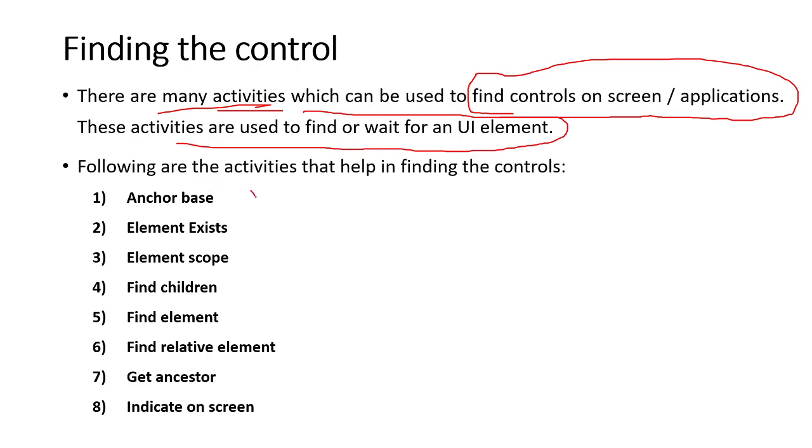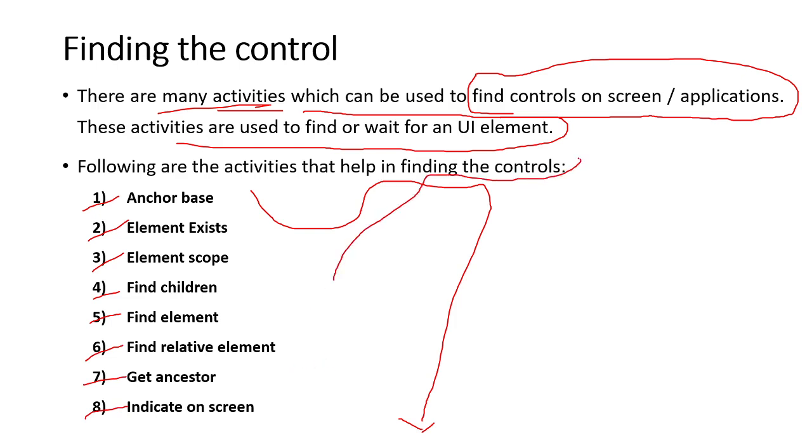So the following are the activities which will help in finding the controls or UI elements generally. One is anchor base, the second one is element exist, element scope, find children, find element, find relative element, get ancestor, indicate on screen. All these are activities given by UiPath Studio in order to find the controls.